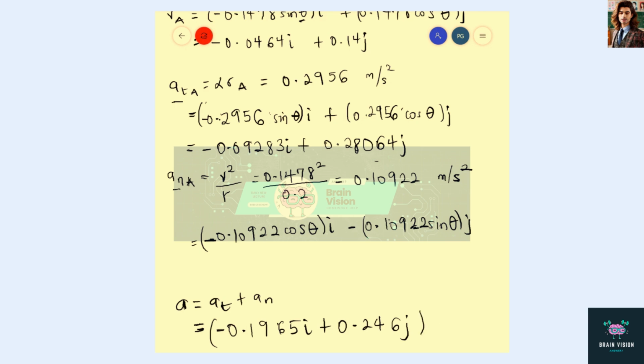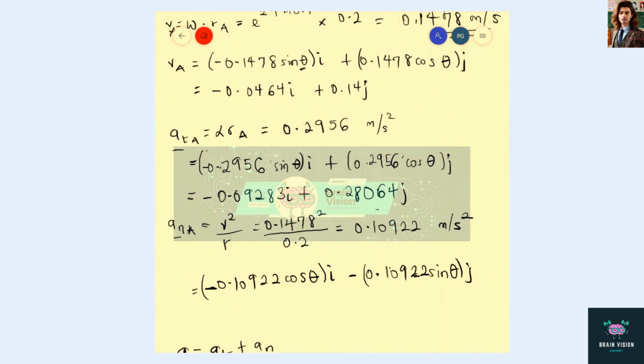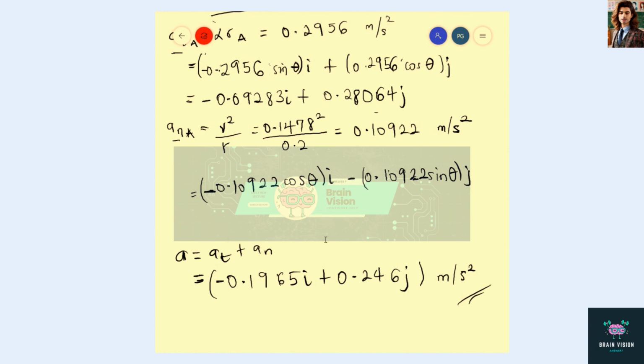And this is in meters per second squared. And that was a long one, but we're done. And for the velocities, in meters per second.